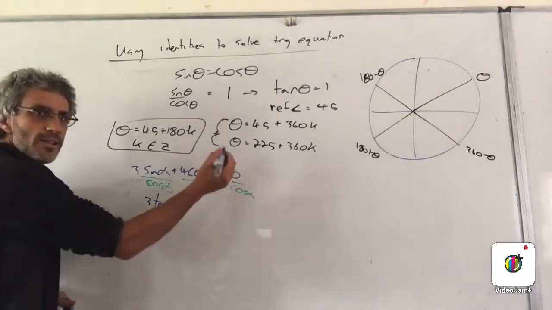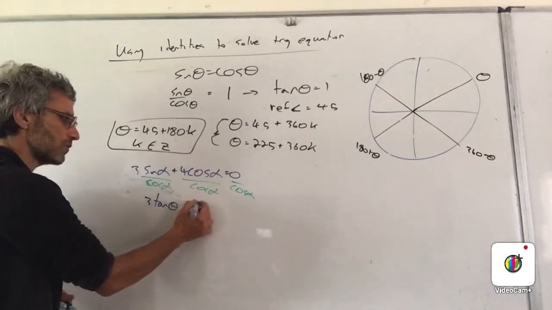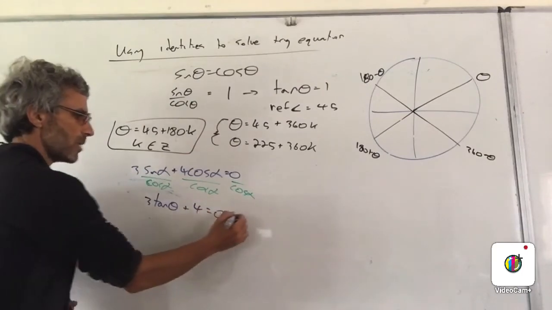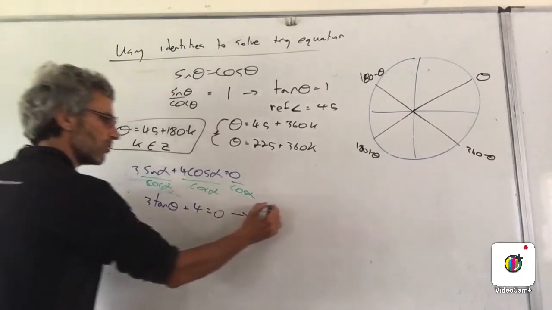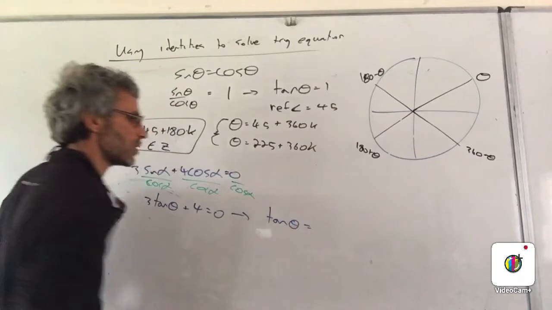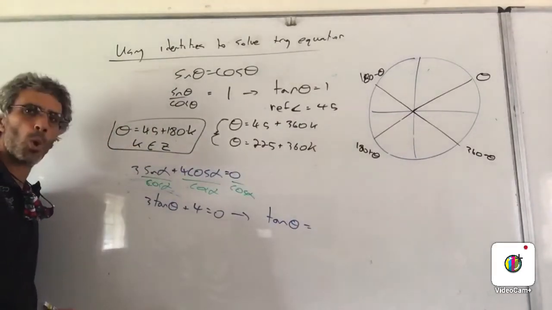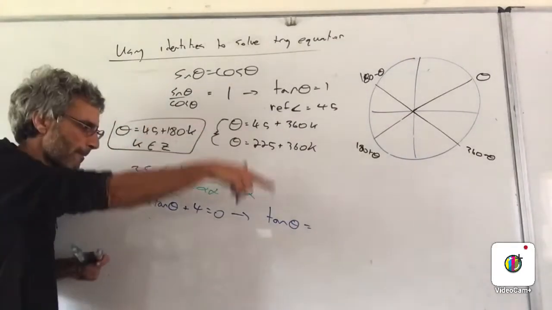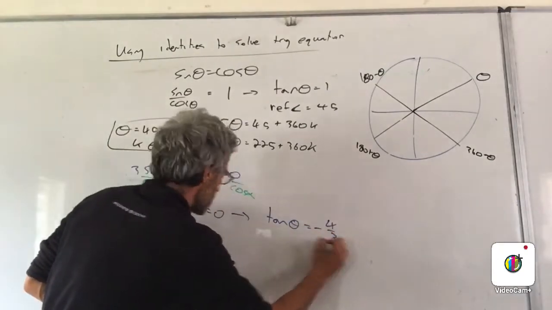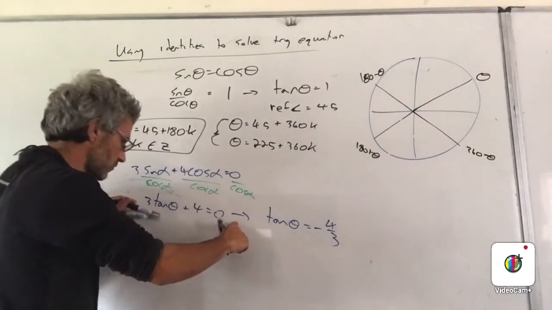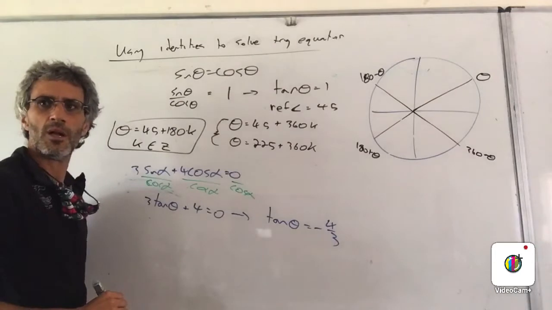And then that's just 4, right? And then we can solve that. How do we solve that? Tan theta equal to minus 4 over 3. We push the 4 to the other side. Minus 4 divided by 3. And then we can solve it.